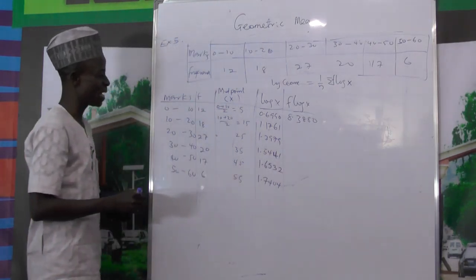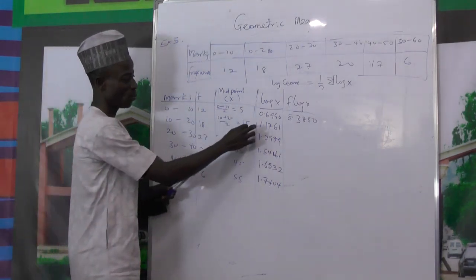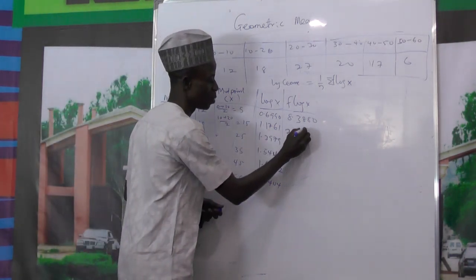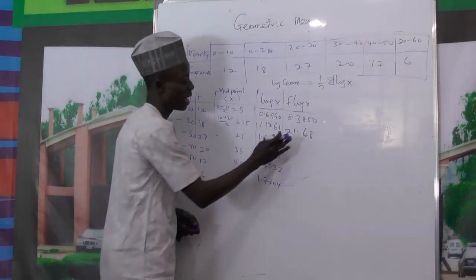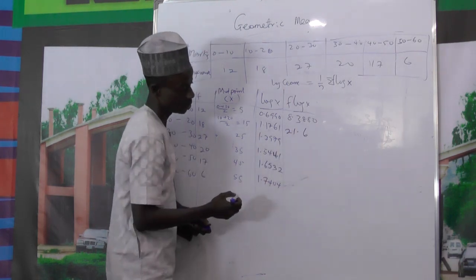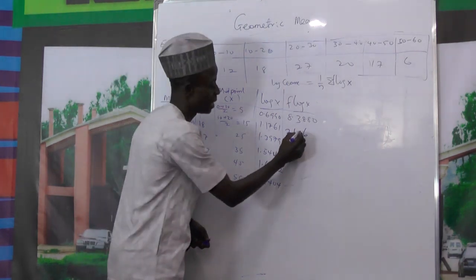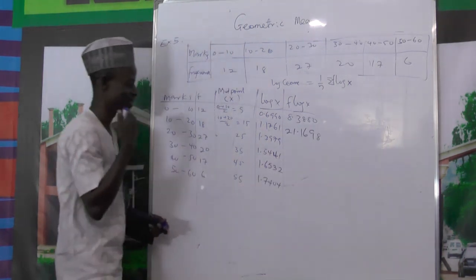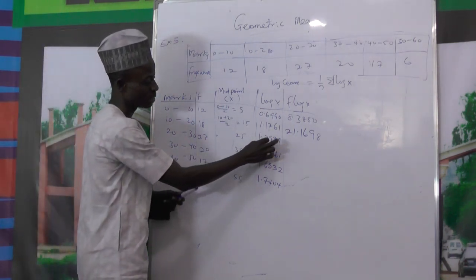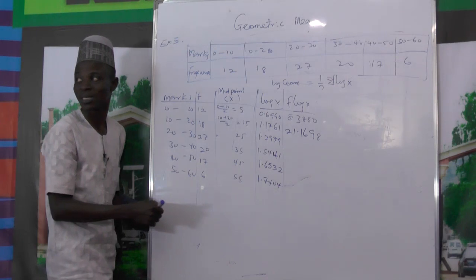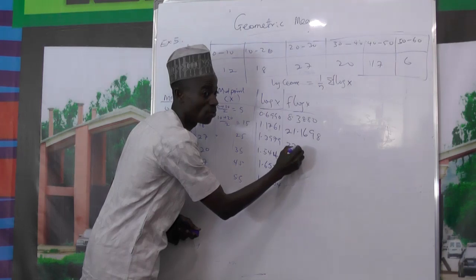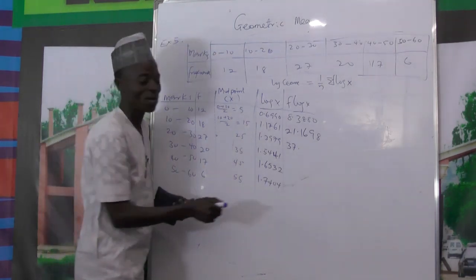If we multiply 18 by 1.1761, we are going to have 21.1698. The next one will be 27 multiplied by 1.3979. This will give us 37.7433.